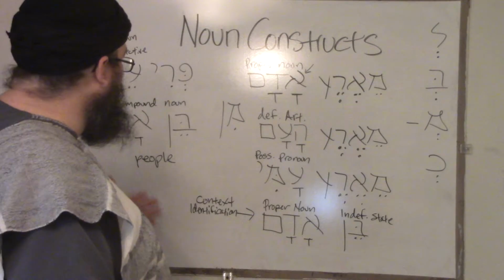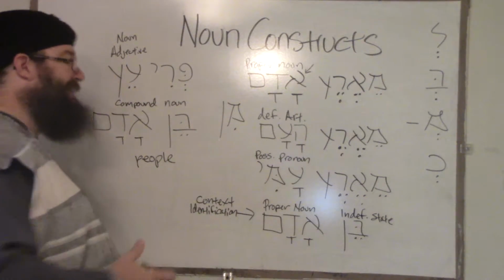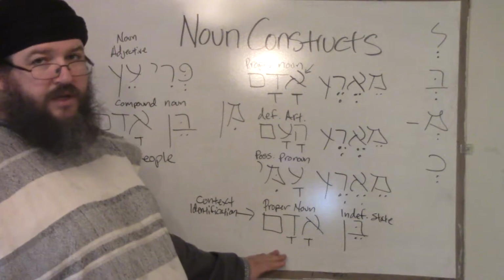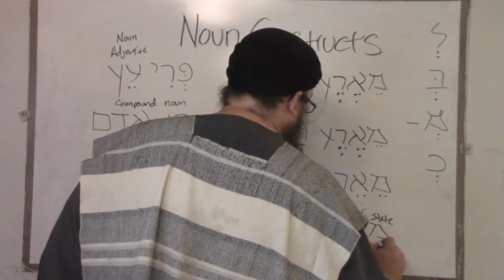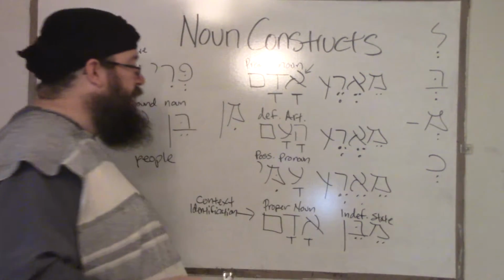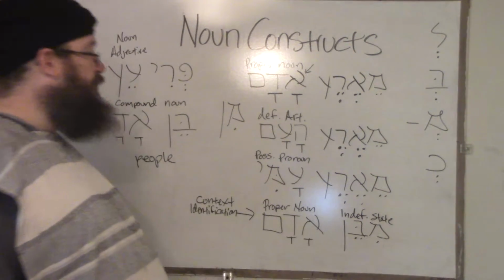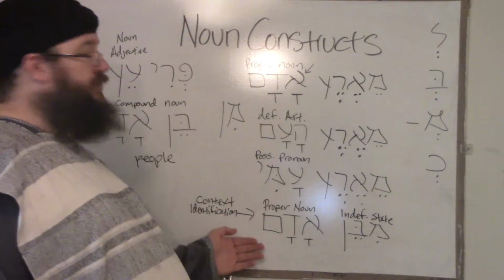Now here, when we're looking at this one, which I talked about, which required a context, which is a son of Adam, you could still do the same thing. You can put the mem in front, and now you have mi ben Adam, from a son of Adam, and therefore you still have the same thing.